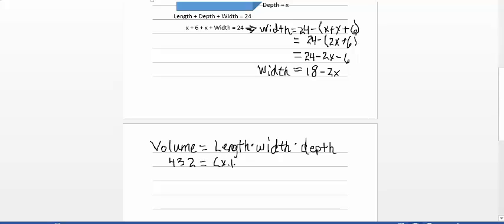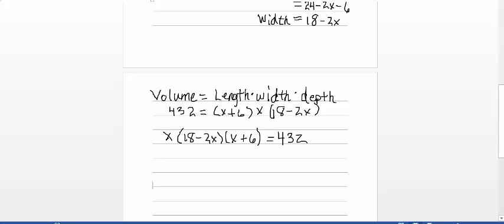So we put 432 in place of volume, x plus 6 in place of length, x in place of width, and 18 minus 2x in place of depth. And so we can switch that around and put the x first, and that whole right side can become our left side.